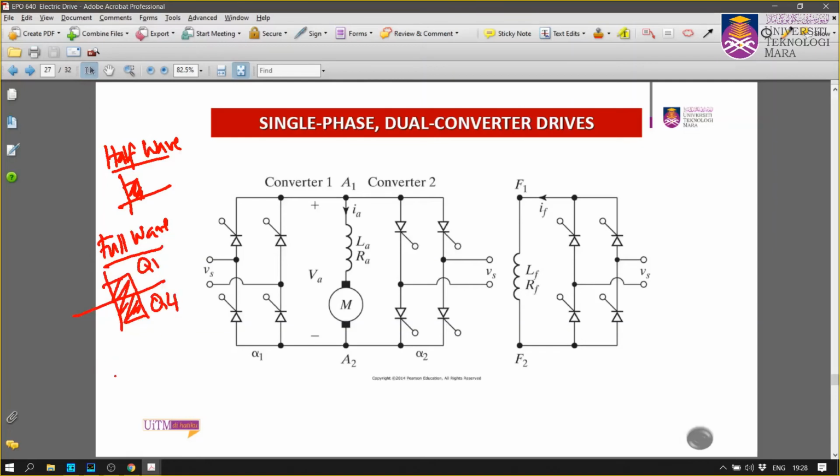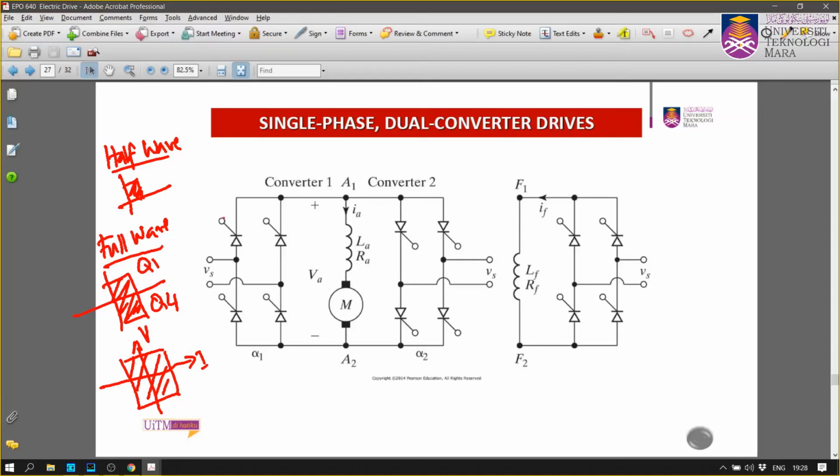But now, how are we going to operate or control the machine such that we have the whole four quadrant control? If you want control that can work for four quadrants, we need to use what is known as a dual converter drive.